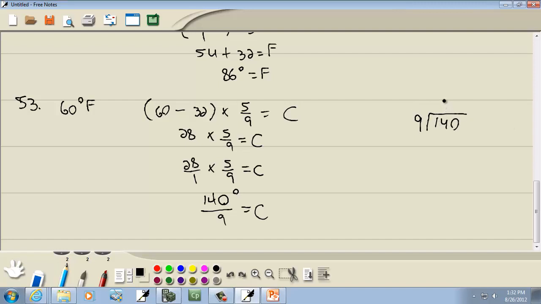Let's see, 9 goes into 14 one time, then that'd be 50. 5, I think. Okay, 45. And then 5 there. So Celsius would be equal to 15 and 5/9.